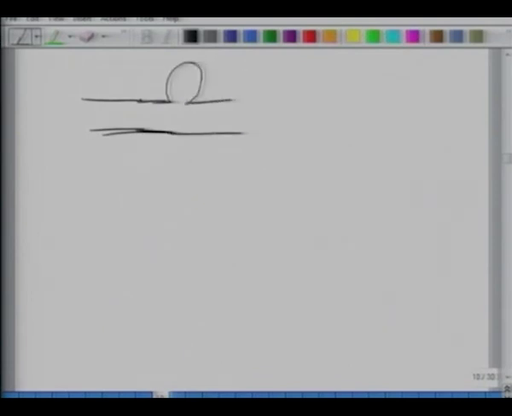Pardon my very poor drawing. And this is connected to another sac. And here you have an acoustic resistance, RA. In mobility, the resistance will be 1 over RA. This is right now the impedance model.